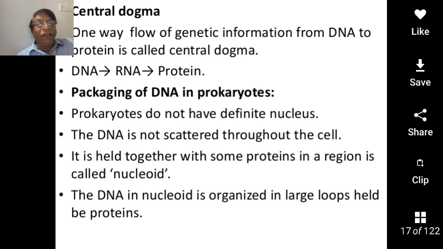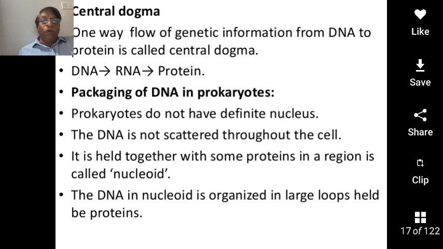Now, packing of DNA. How is DNA packed in prokaryotes and how is DNA packed in the nucleus of eukaryotes? First, we shall study the prokaryotes. You know, prokaryotes do not have a definite nucleus. The DNA is found in the cytoplasm of the cell.